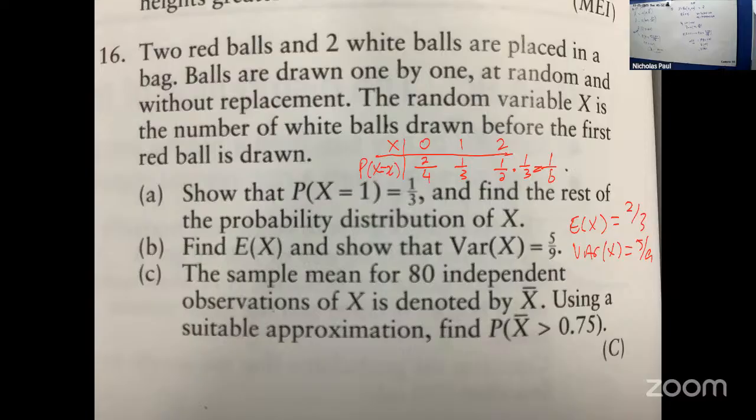So Nathan, what is the distribution we're using in part C? X bar follows... Right, that's by the central limit theorem, right?